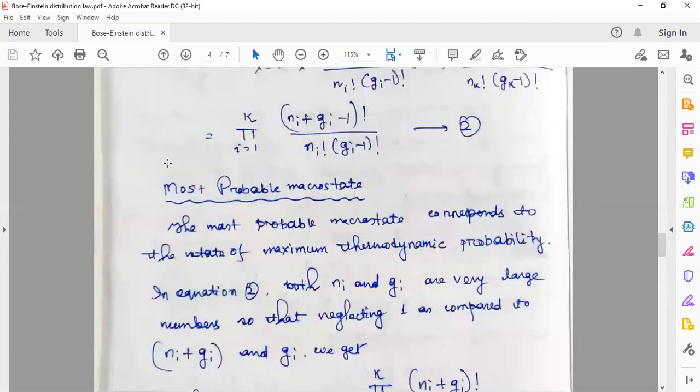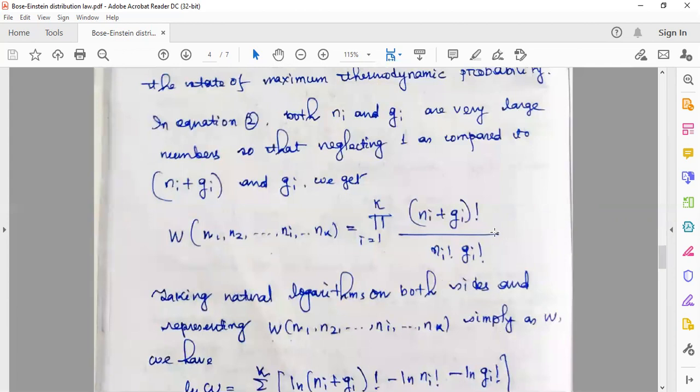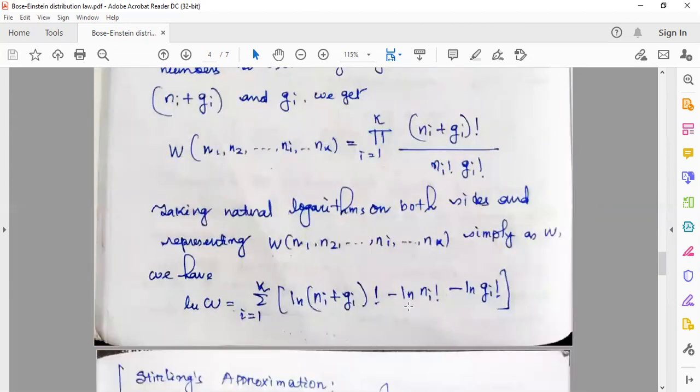This equation, you may give some number, maybe equation 3 or something like that, as per your convenience. So if you take the natural logarithm, then you see ln W, and we are not writing this n1, n2 up to nk type of things. Equal to the summation from i equal to 1 to k.